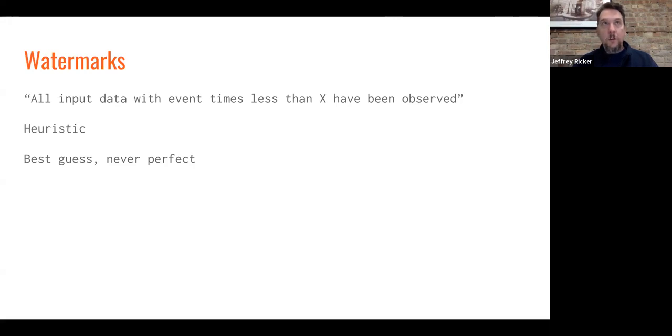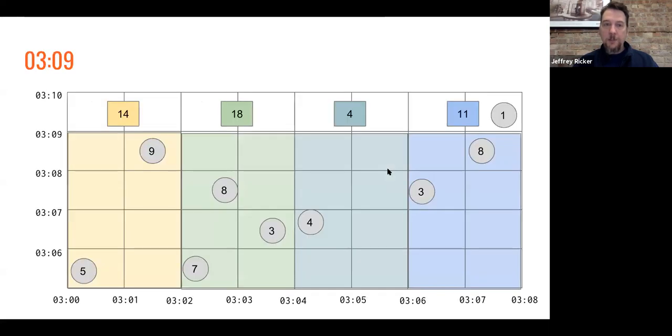For instance, you may decide based on your experience that you watermark after 10 seconds with your system because 99.99% of the time I will have received all the data within 9 seconds, or 9 milliseconds, right? So you're doing your own windowing based on a heuristic, based on observation. And maybe that 9 seconds is too long, or 9 milliseconds is too long. So you deal with these things on a case-by-case basis.